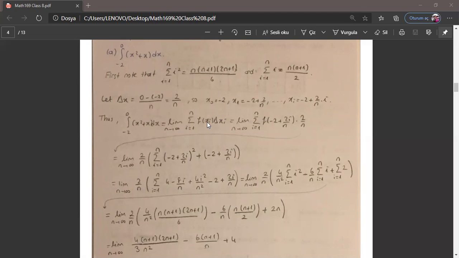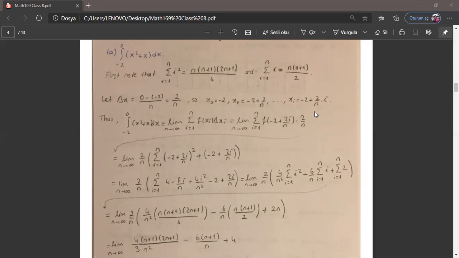So what do we do now? We have x sub i. We have x0 is equal to -2 here. Then x1 is -2 plus 2 over n, as in here. Then xi should be -2 plus 2 over n times i, because we will add 2 over n i times.